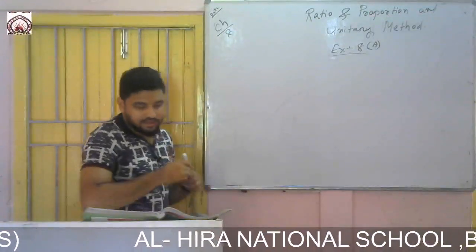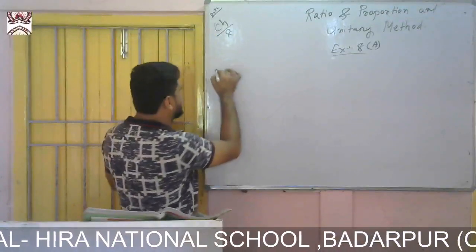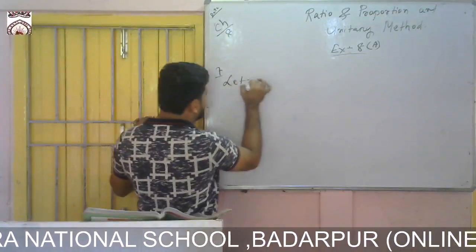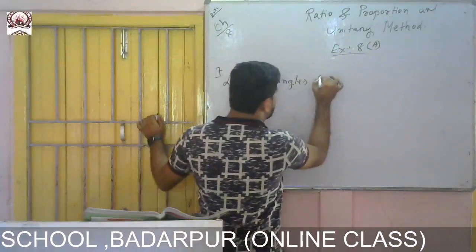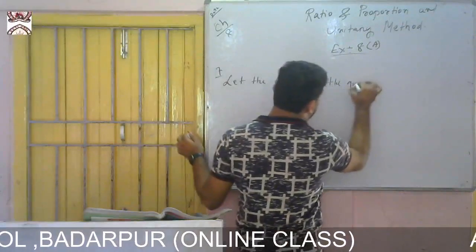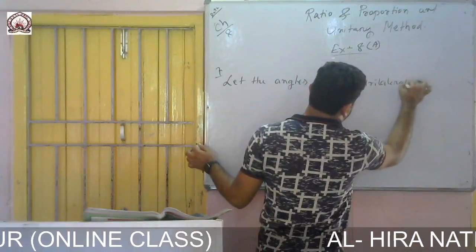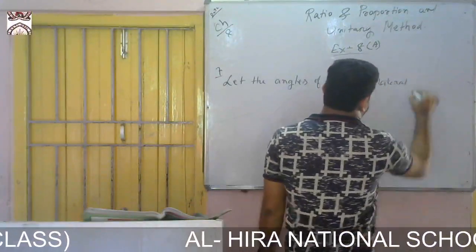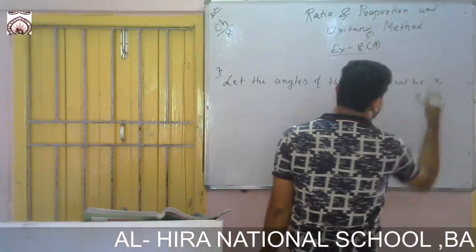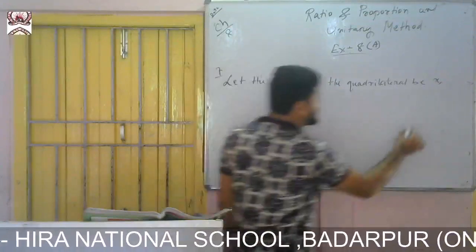Okay. So write. Question number 7. Let the angles of the quadrilateral be x, comma, twice x, as the ratio given 2.